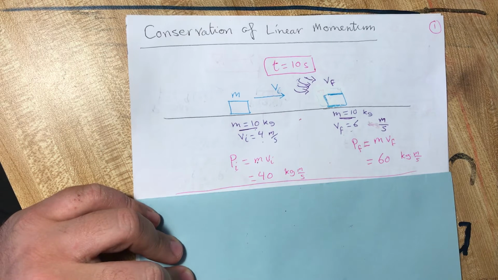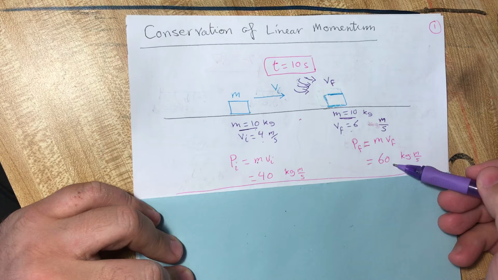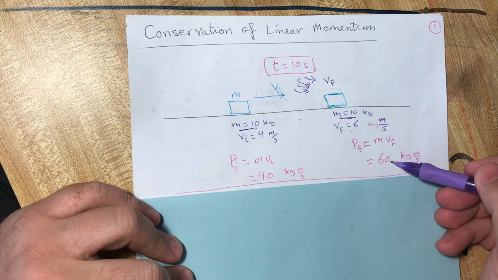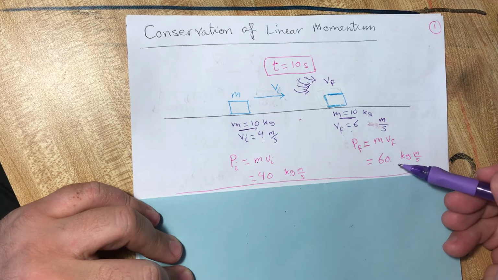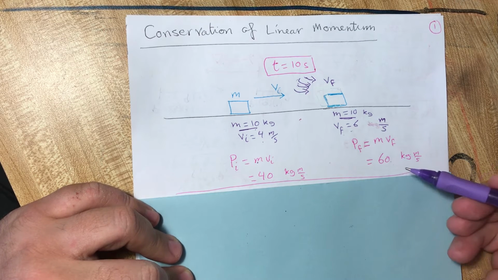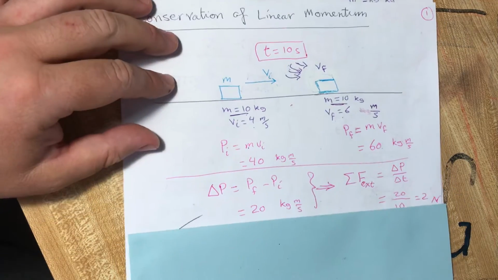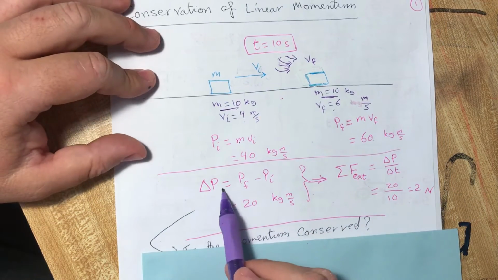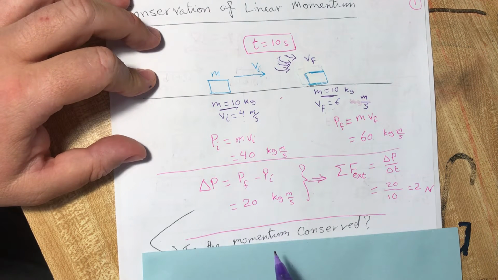But finally, the momentum is 60 because 6 multiplied by 10 is 60. In this case, do we have any change in our momentum? The answer is yes. So we have delta P equal to P final minus P initial, which is 20 kilogram meters per second.